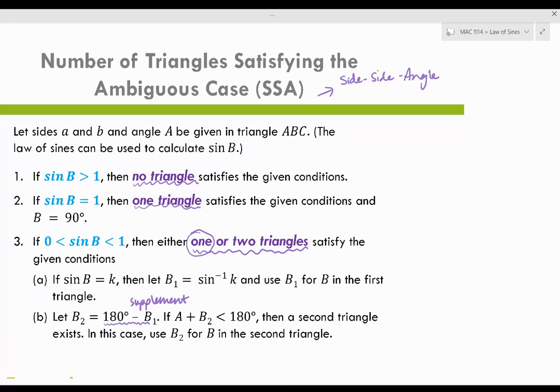If it can, and the sum turns out to be less than 180 degrees, you will have a second triangle. Then you will go about solving each of those triangles individually, just like you did if you had one. But if you add that supplement to the original angle and the sum turns out to be greater than 180, you will not have a second triangle.